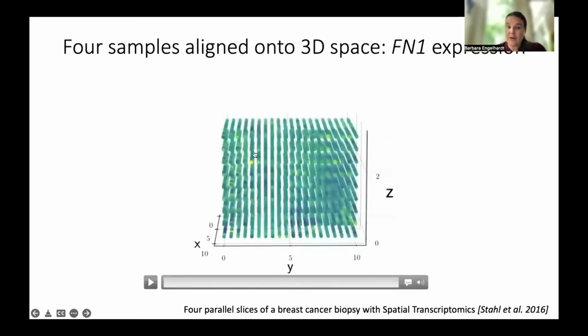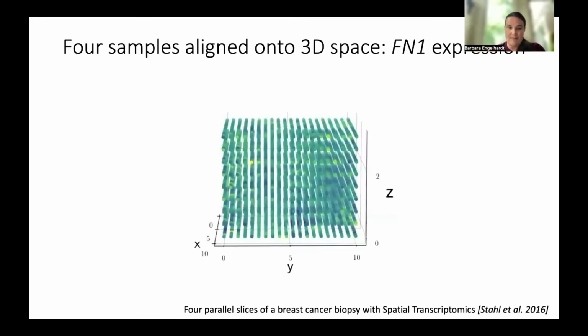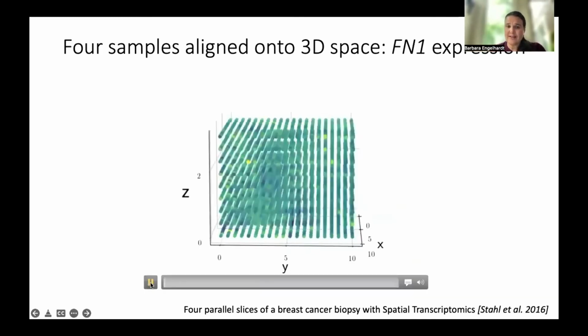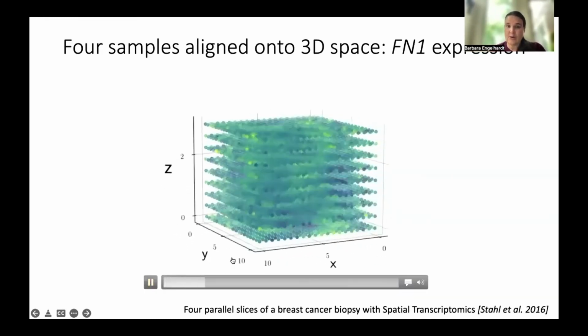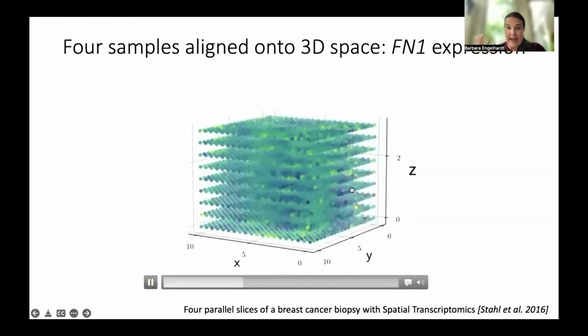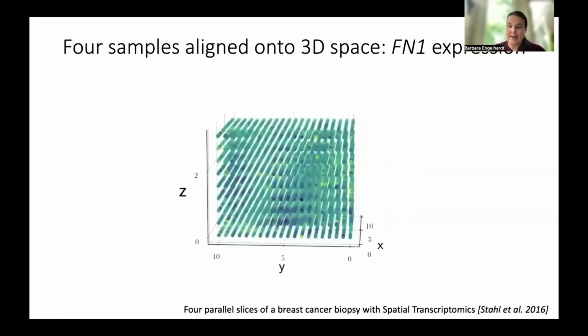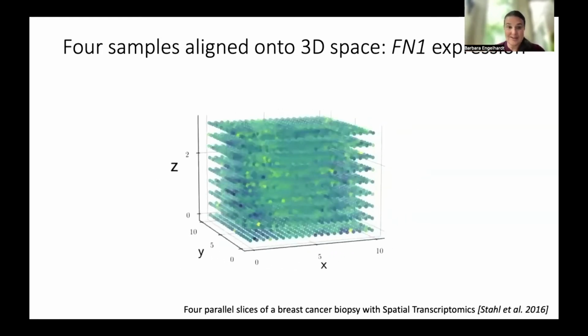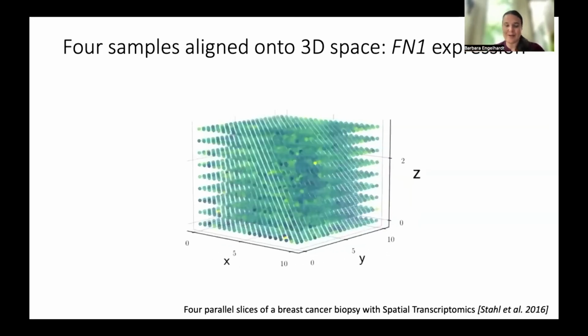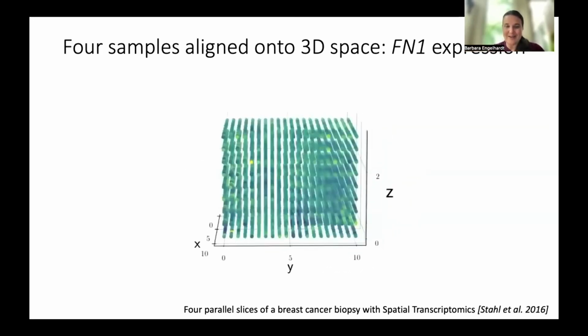So here we have the expression of a single gene, and here's a 3-dimensional breast cancer tumor for this patient. Because this is a de novo alignment of these 4 slices, we can query any XYZ coordinate within this tumor for any gene. We can impute at any XYZ coordinate just because these are Gaussian processes. That's what they allow us to do.